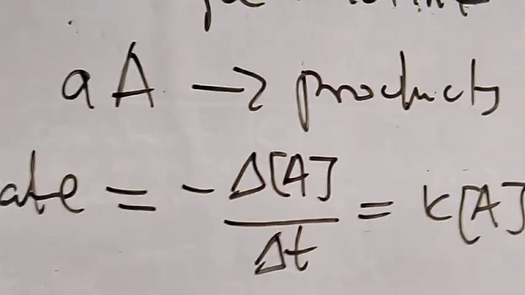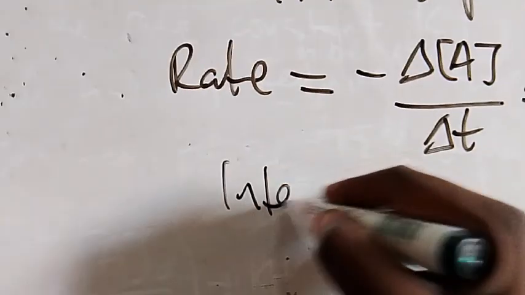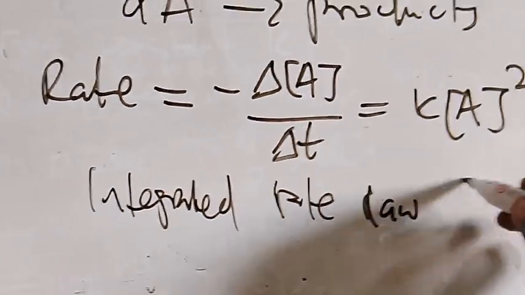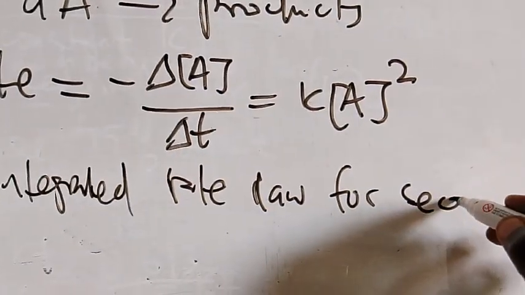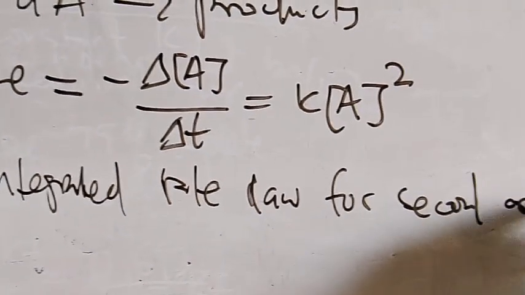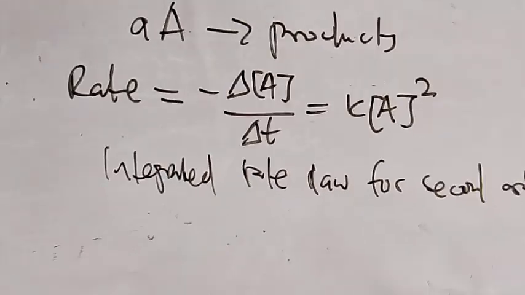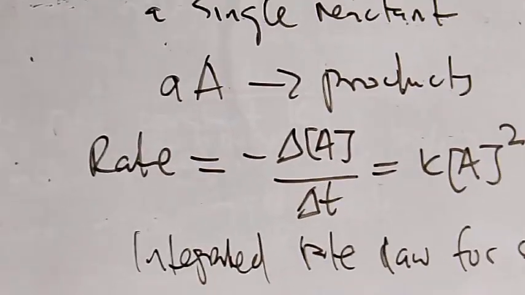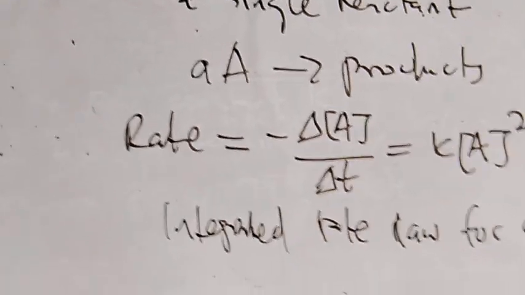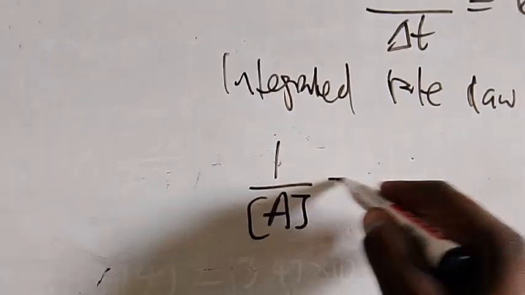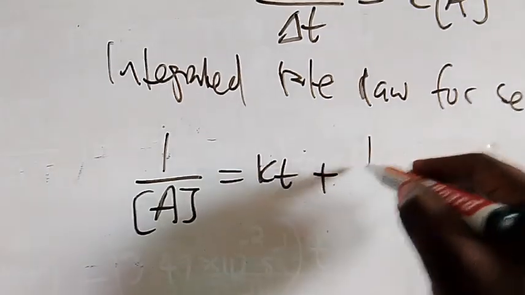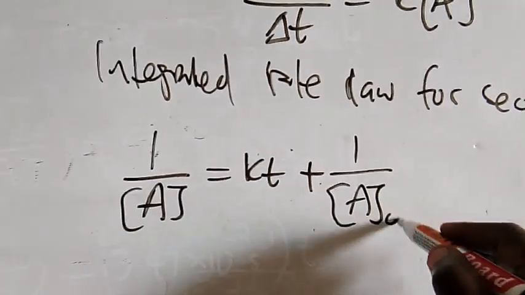Then now we do the integrated rate law for a second order reaction. We integrate this equation, and we are going to have 1 over A is equal to KT plus 1 over A initial.